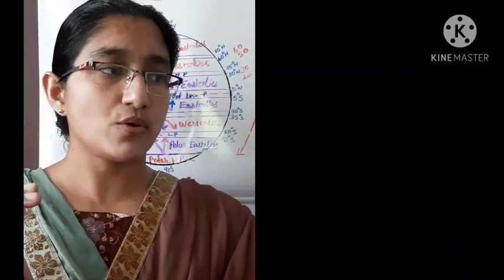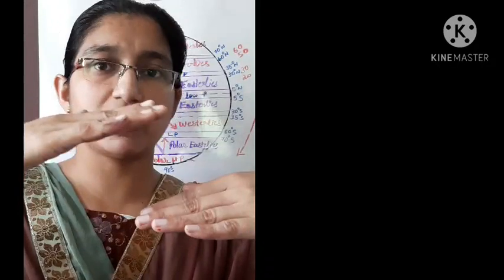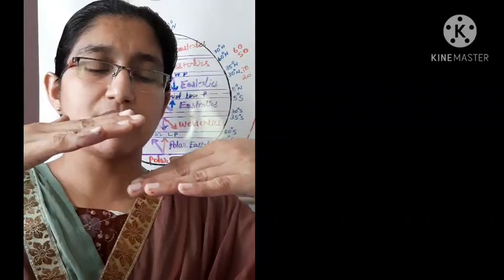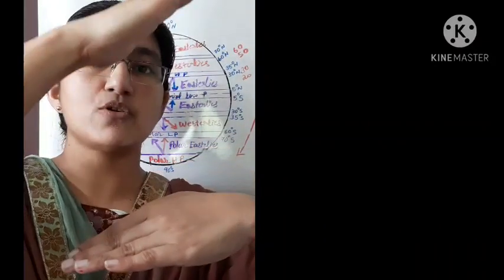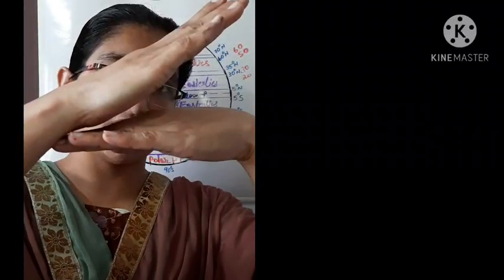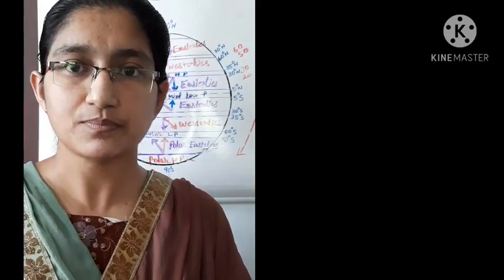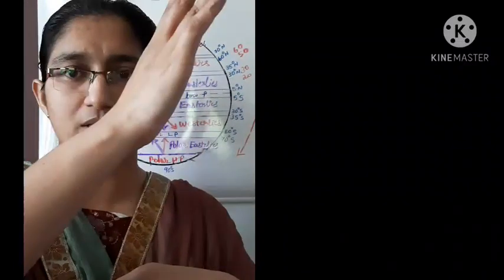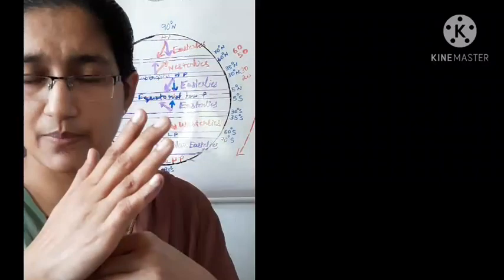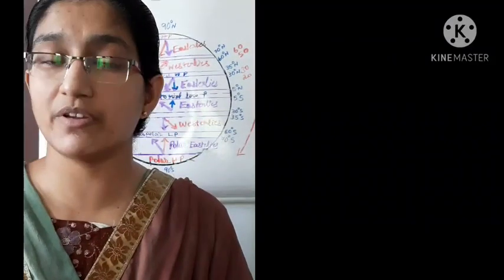Okay, so the cold wind coming from the poles and the westerlies coming from the subtropical region, when they come towards each other, the warm wind will go upward and the cold wind will come downward. When they meet each other, at the meeting point, that leads to condensation. The cold wind goes below the warm wind because cold wind is denser.